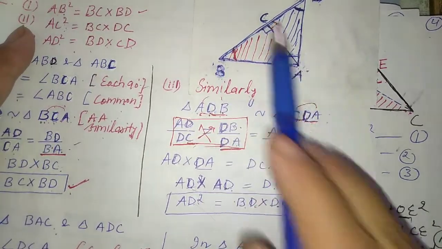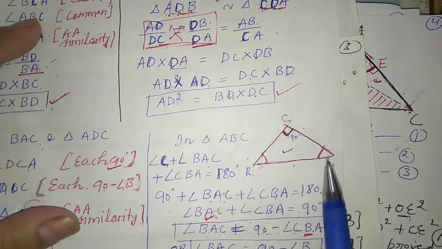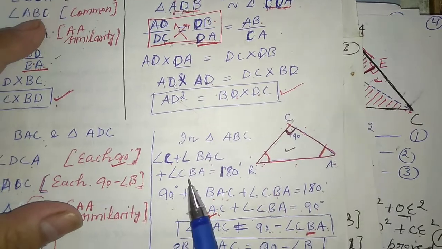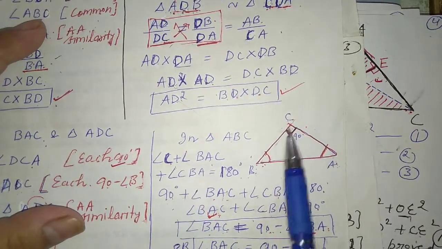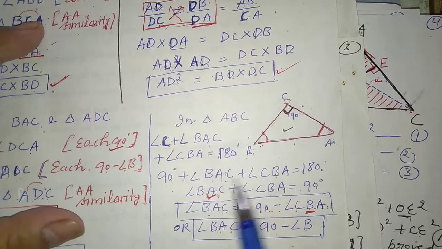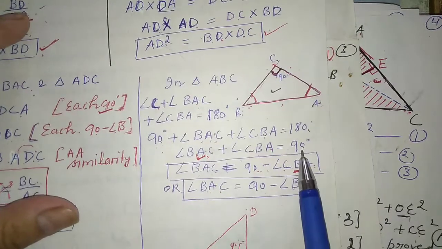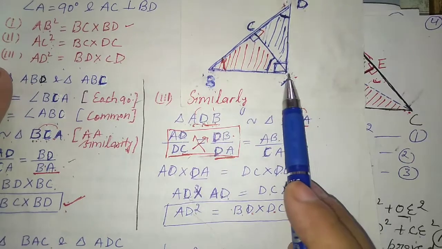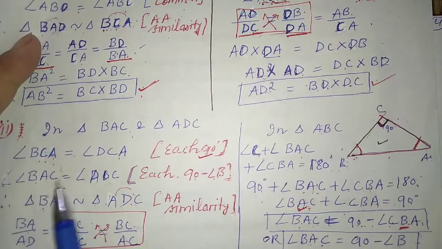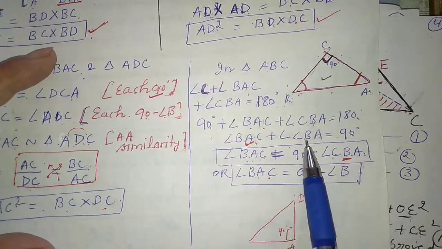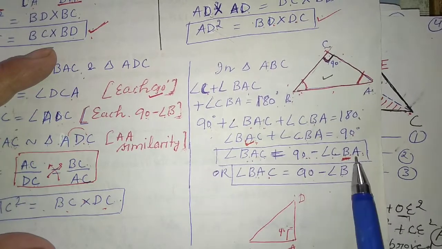So angle BAC plus angle CBA, or we can write angle B only. Angle C is 90, and angle BAC plus angle CBA is 180 minus 90. So we transpose 90 to the other side. So angle BAC is equal to 90 minus angle CBA. This we will transpose to the right side.